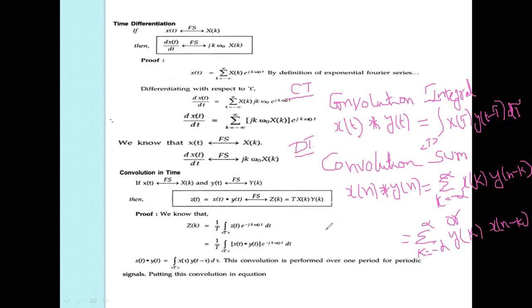What does the commutative property say? AB is equal to BA. I am interchanging x as y and y as x. Understood? So we can use either x of k, y of n minus k, or y of k, x of n minus k.